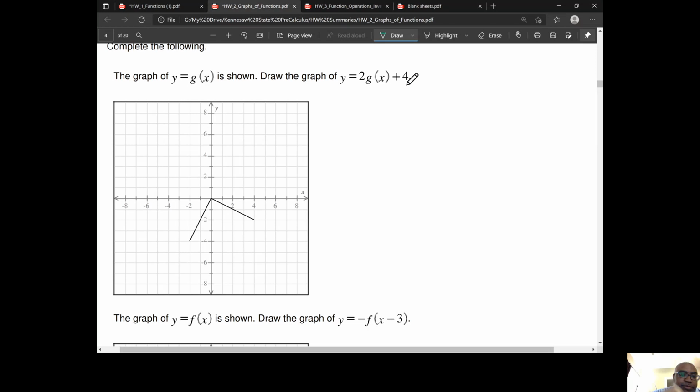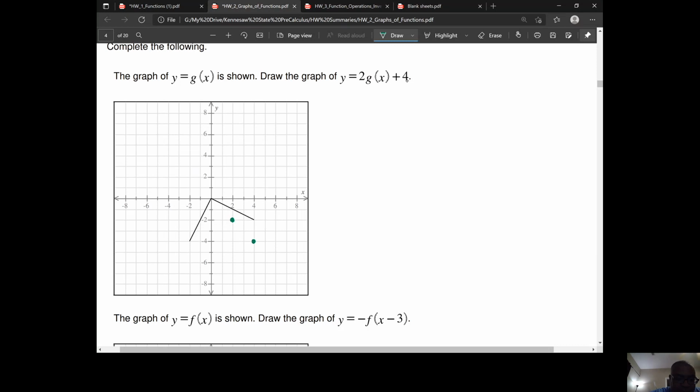So let's do it in order. The first transformation: g of x vertical multiplied by 2. So g of x is -1, that becomes -2. -2 becomes -4.